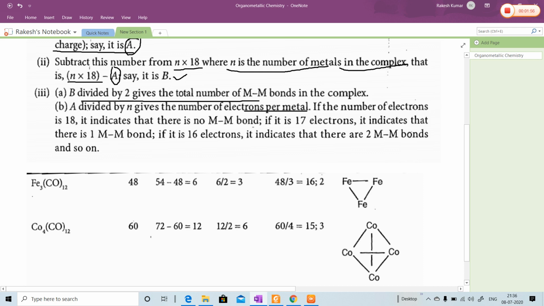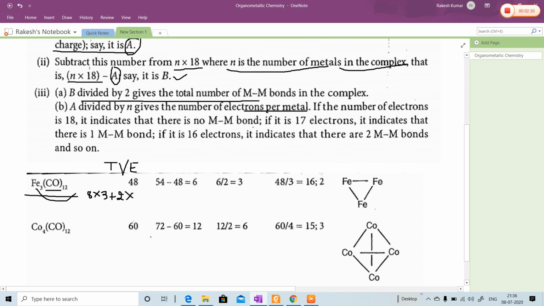For example, Fe3CO12. The first step is we have to find out the total valence electron. If we talk about this complex, in case of iron, there are 8 electrons in their valence shell. The total number of iron atoms is 3, so 8 into 3, and each carbonyl ligand will contribute 2 electrons.